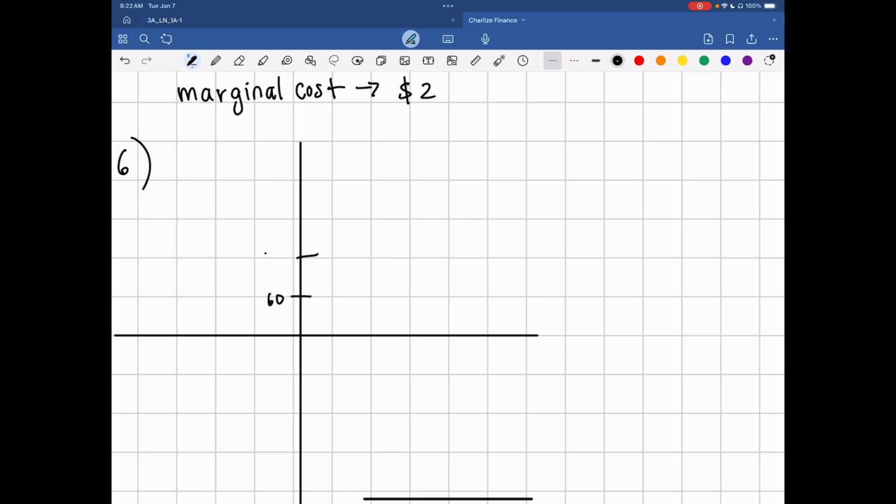And every time you're making a graph like this, you should set the scale to be increasing by the same amount. So if I go from 0 to 60, I have to go from 60 to 120, 120 to 180, and then 180 to 240.